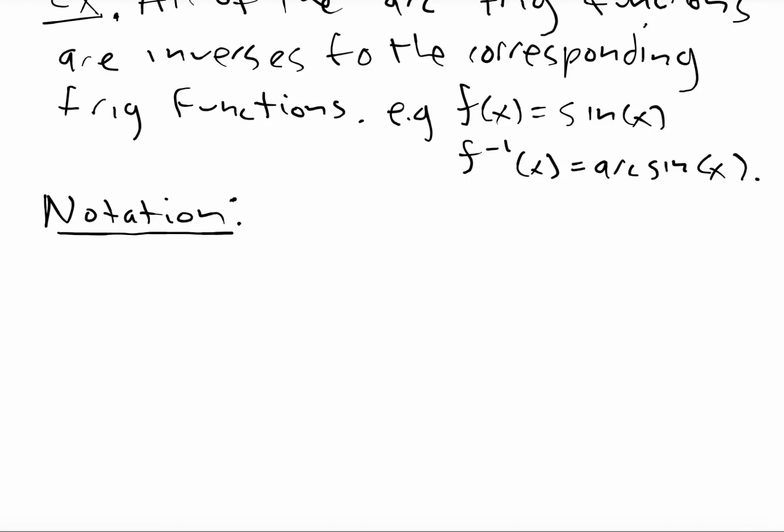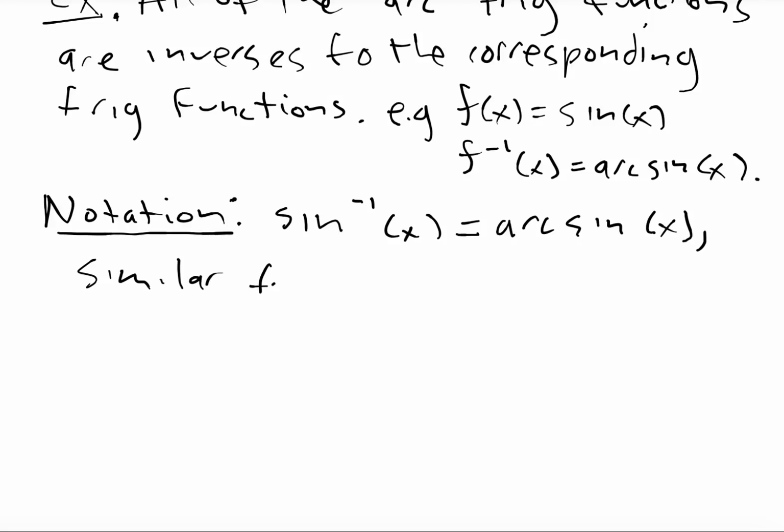So if you see things like sine inverse of x versus arc sine of x, these are the exact same thing. They're just different notations for the same function. One of them requires you to write a couple fewer characters, which is usually why we like using it. Similar for my other trig functions.